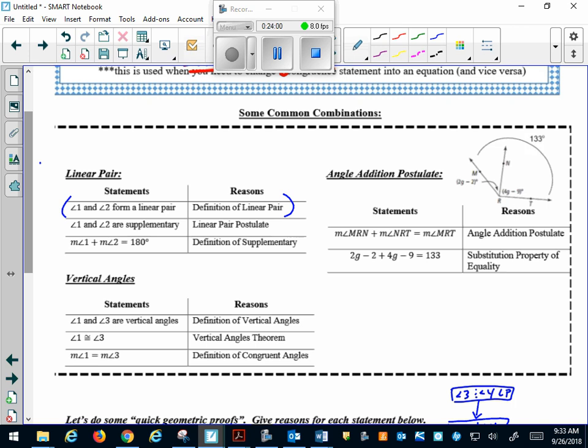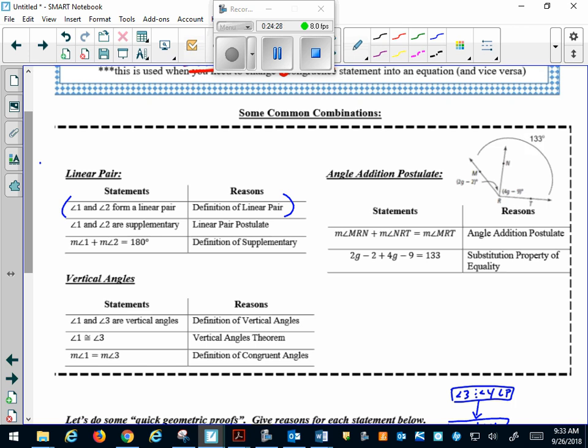Then you would have a statement that 1 and 2 are supplementary. That's the linear pair postulate. Notice that the linear pair postulate does not say if 2 angles form a linear pair, then they add up to 180. It does say that they're supplementary. So the best format, if you want to be really accurate, is to first state that they're supplementary by the postulate.